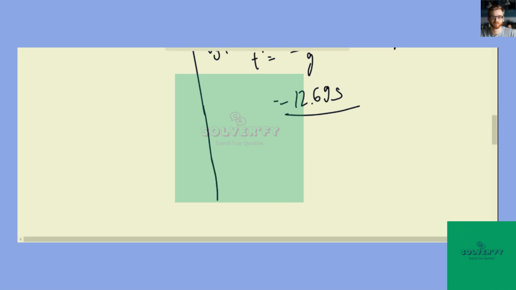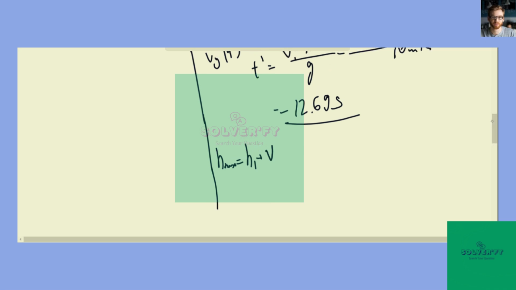Therefore H maximum equals h1 plus v1 sine alpha t prime H maximum minus g t prime H maximum squared over 2. Now we can calculate H maximum.